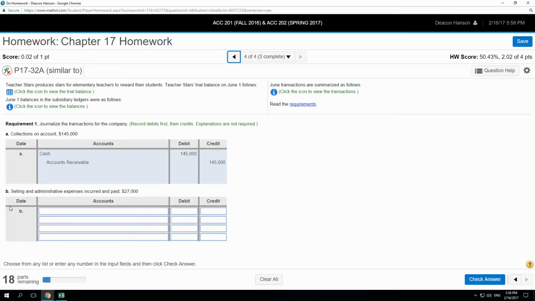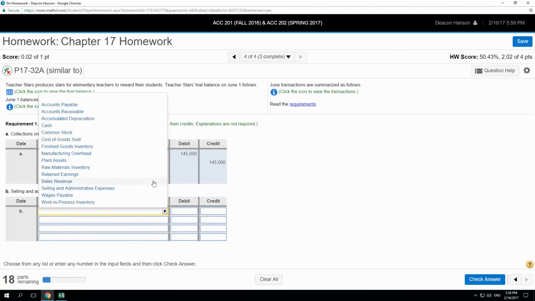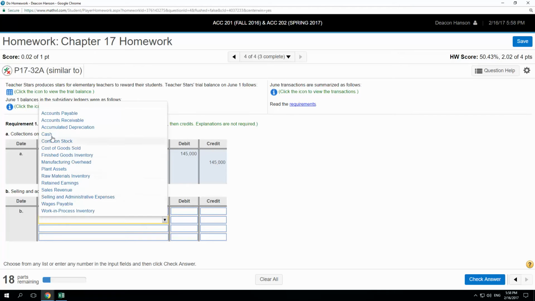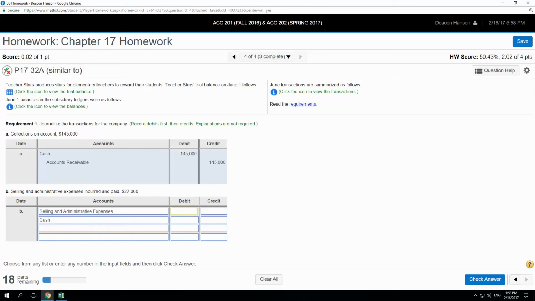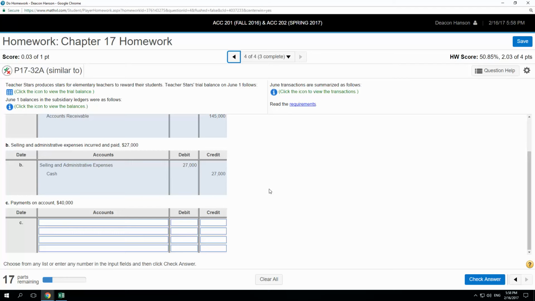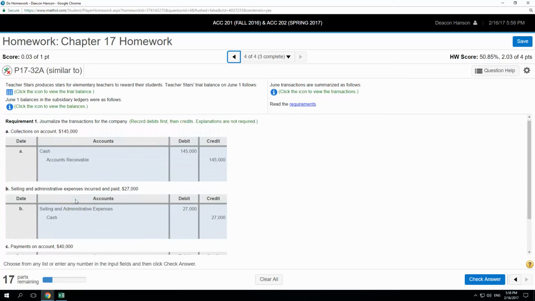Now, B, selling and administrative expenses incurred and paid. We'll just debit selling and administrative expenses, and we'll just pay it with cash. So credit cash. Now it says payments on account.